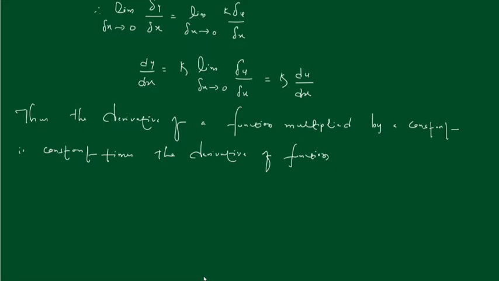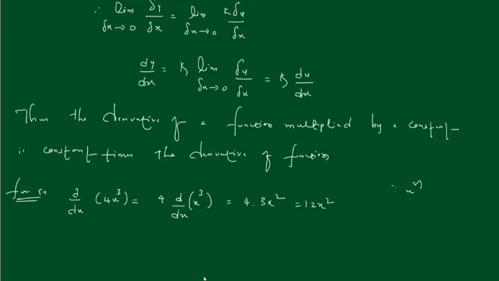So let's see, for example, d by dx of 4x cube is equal to 4, keeping it outside, d by dx of x cube. Which is equal to 4 into 3x square, that is 12x square. It is x to the power n, derivative n times x to the power n minus 1.